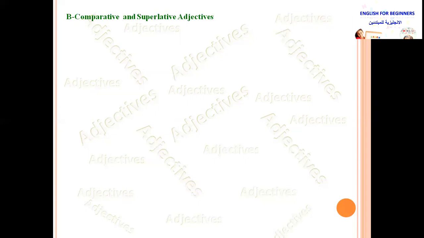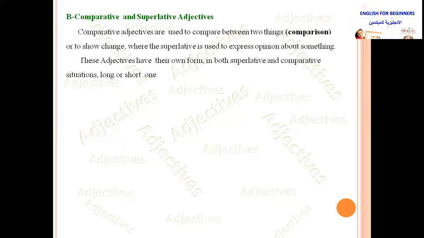B. Comparative and superlative adjectives. Here we are discussing the kinds of the adjective. Comparative adjectives are used to compare between two things. So here it's a comparison, مقارنة, or to show change, whereas the superlative is used to express an opinion about something. يعني أن superlative adjective تستعمل من أجل إعطاء الرأي في شيء ما.